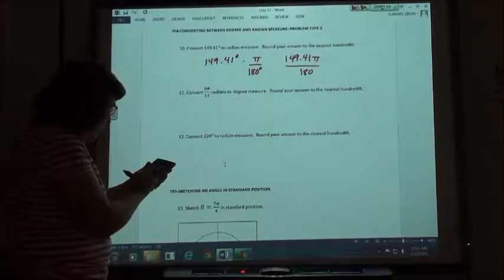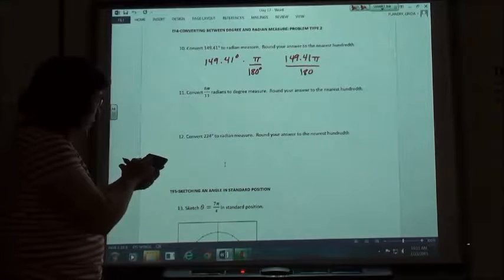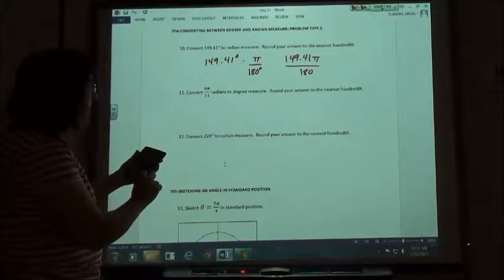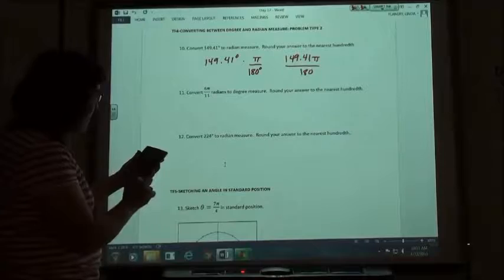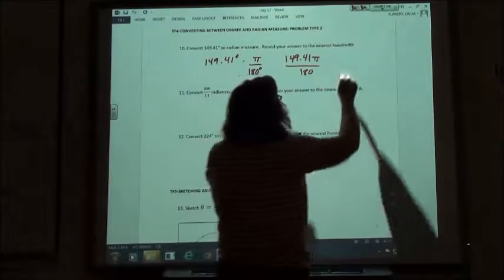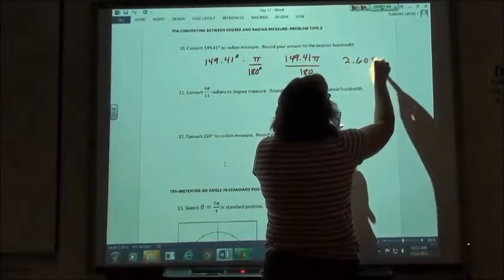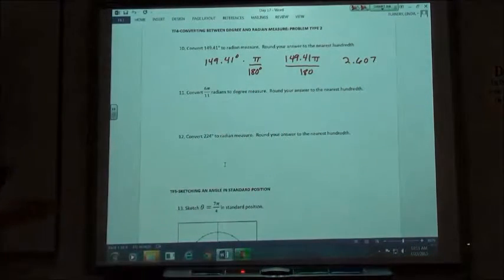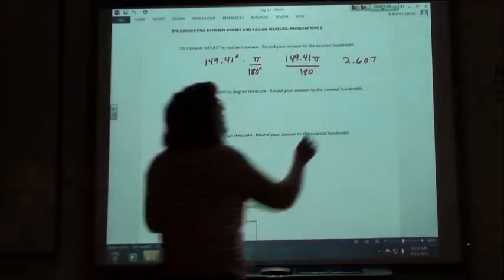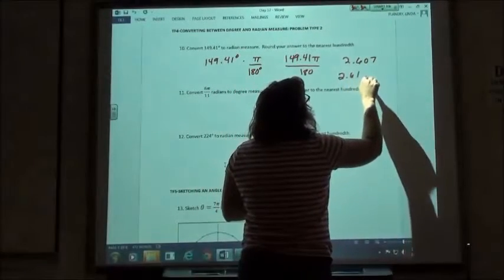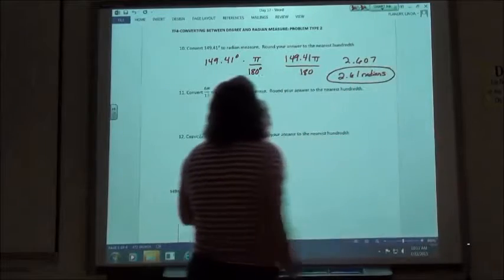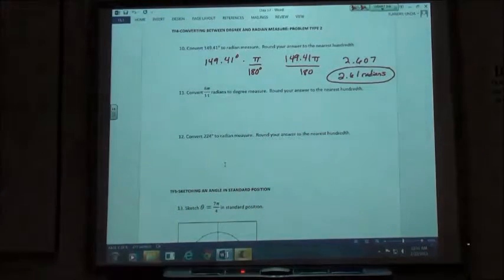So I'm going to put 149.41, shift the EXP button to show pi on my calculator, divide that by 180. I get 2.607. I'm rounding it to the nearest hundredth, so I want to carry it 3 places so I can round it off. So I have 2.61 radians. So 149.41 degrees is equivalent to 2.61 radians.